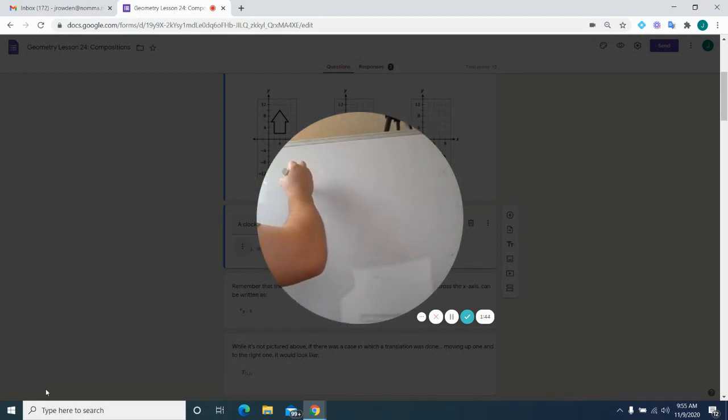If we do a rotation, we'll say R. We'll do reflection. We'll do translation. When it's a rotation, we do capital R, and then right here you'll put the center, then a comma, and then the degrees of the rotation.